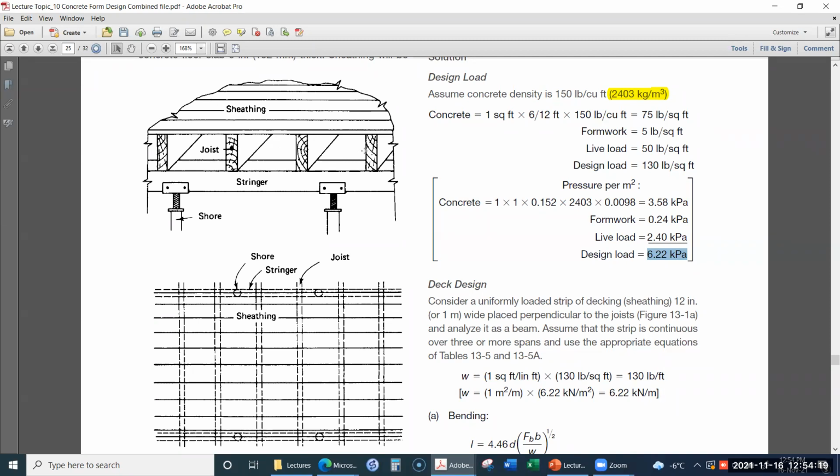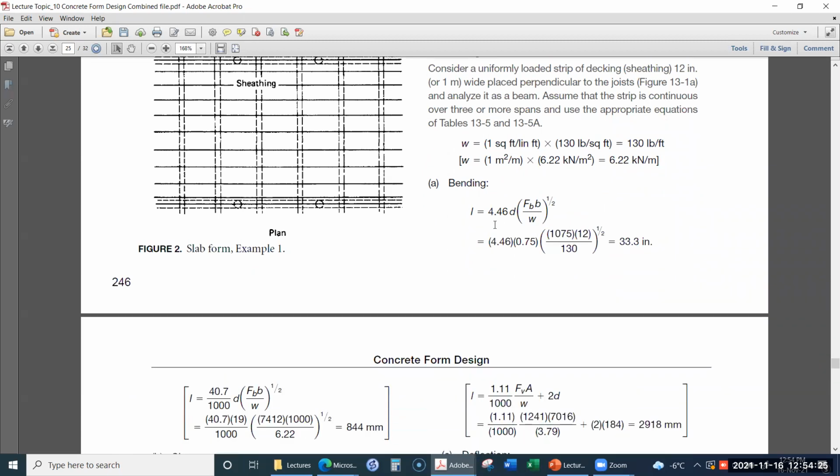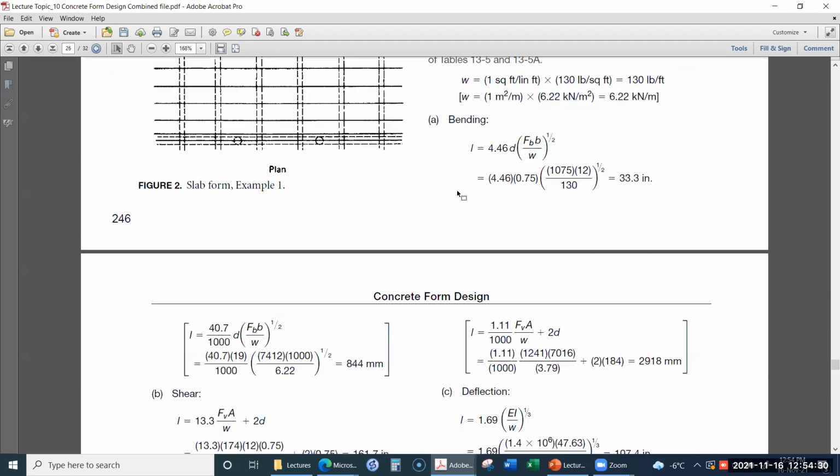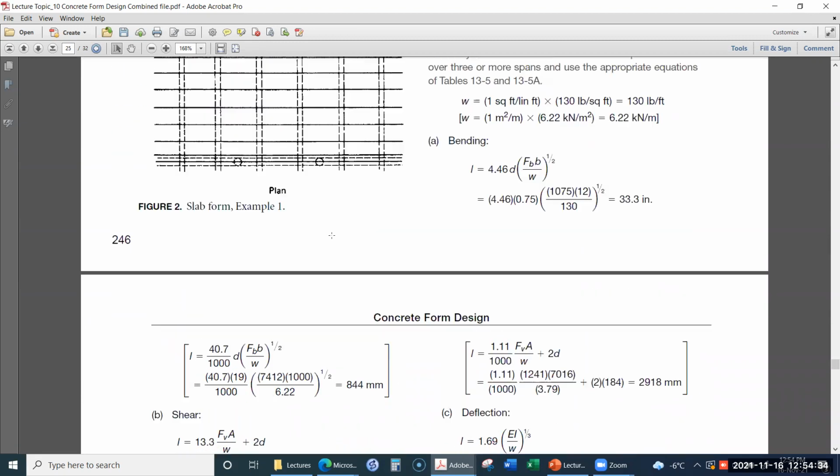That means we need to determine the span length. This span length can be determined based on 3 criteria: bending criteria, shear criteria, and the deflection criteria.